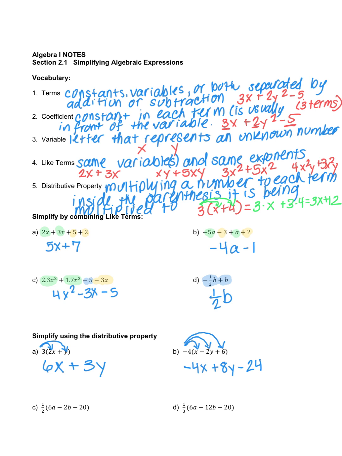Let's go ahead and go to letter C. We're going to just do the same thing, distribute that 1/2. 1/2 of 6a is 3a. 1/2 of -2b. Well, 1/2 of -2 we know is -1, so that's going to be -1b. And then it wants to know 1/2 of -20.